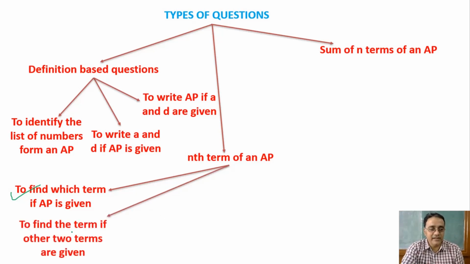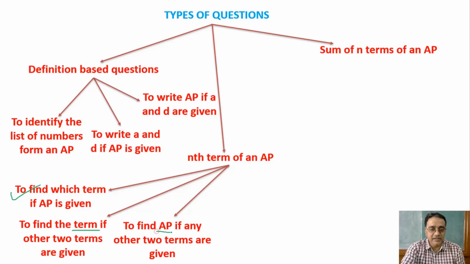And second, to find the term if other two terms are given. Suppose 7th term or 10th term is given and you have to find 20th term, like that. To find AP, if any other two terms are given, these two are interlinked, similar, here only term to find and here AP to find.